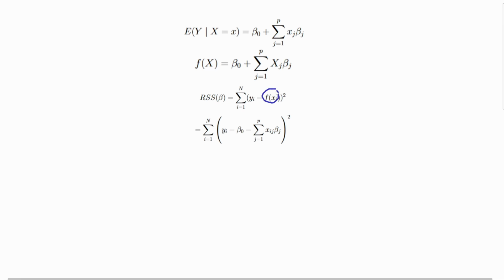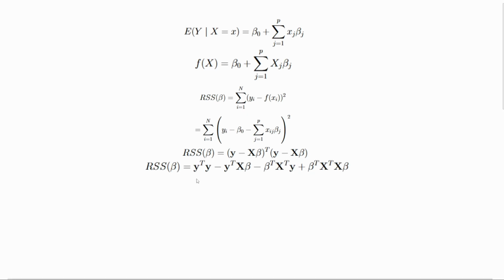And so plugging in our model here for f, we have the following expression. Now we can write this in matrix notation as follows. We can expand this out as follows. And notice that these terms here are actually scalars, right? They're scalars, so we can therefore combine them and also take the transpose. So we get the following expression here.